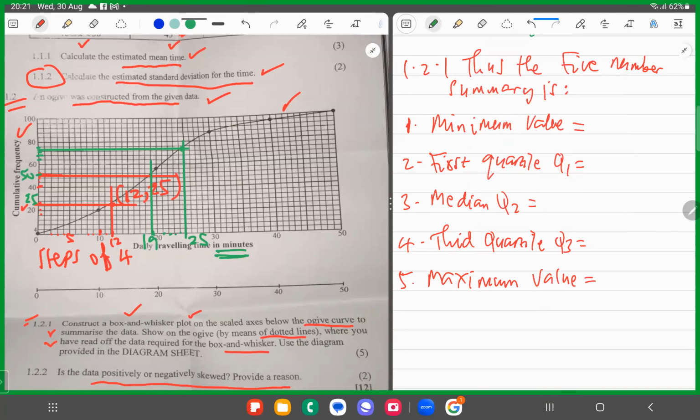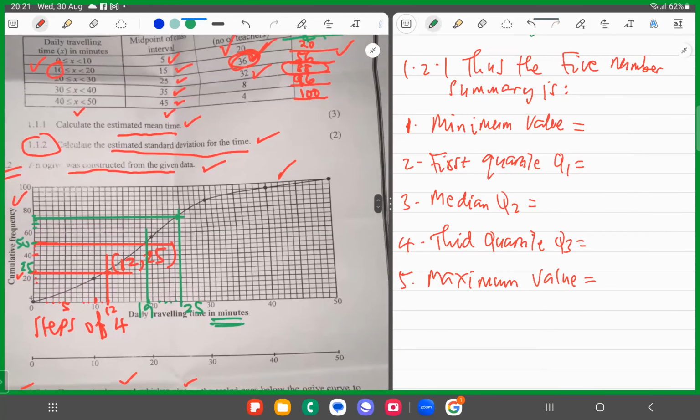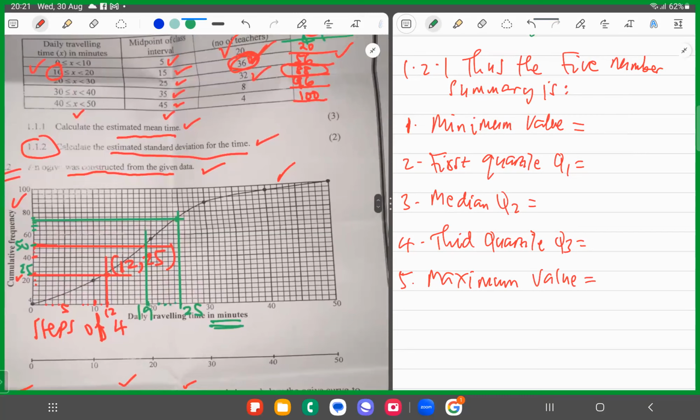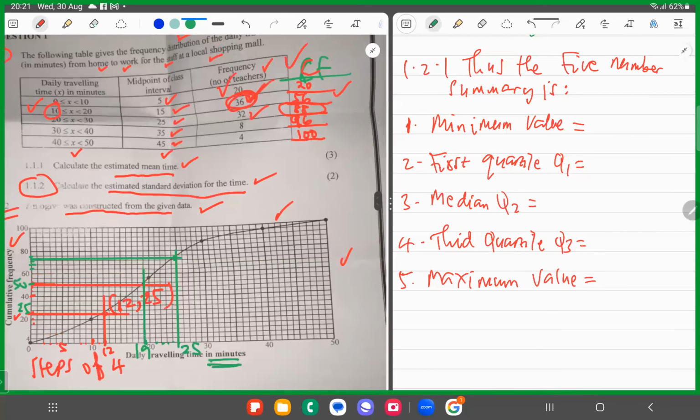Be aware of this one. For the data set we are dealing with here, in view of this Ogive, the minimum value that we have is 0.